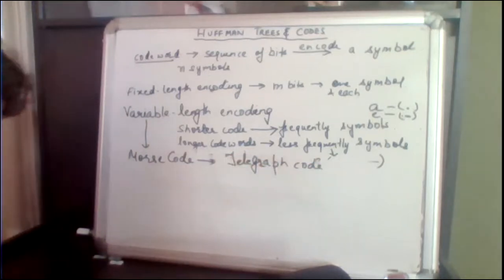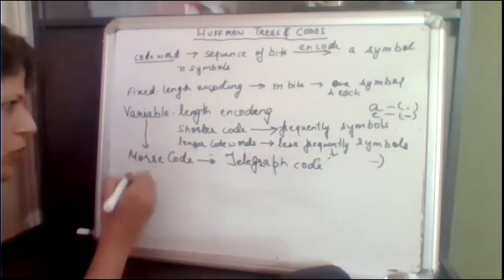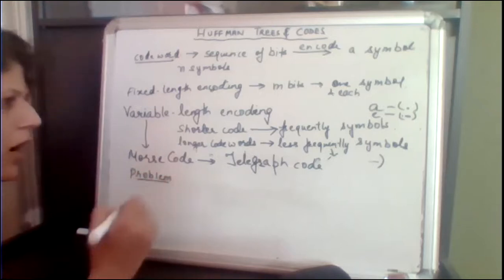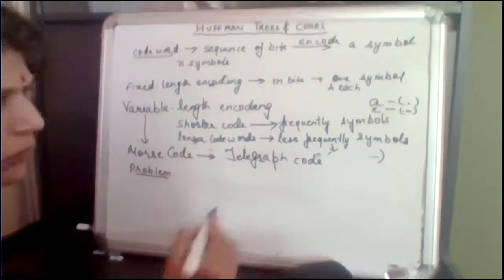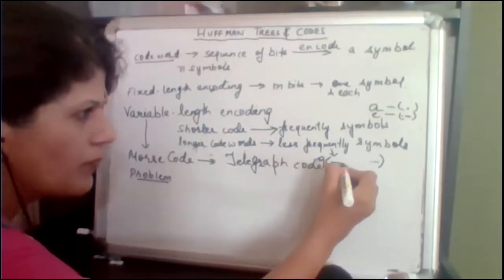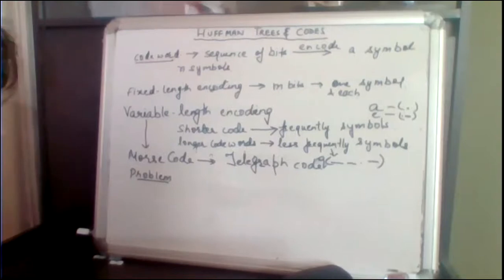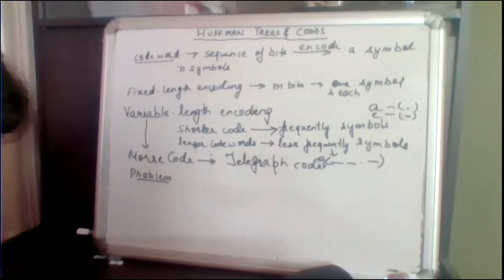Fine. But there is a problem now with this variable length coding. The problem is, how would you know that a particular symbol is ending here and the next symbol is starting? Because there is no delimiter in between.